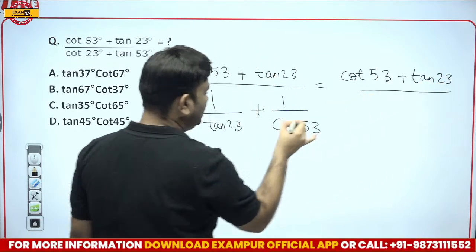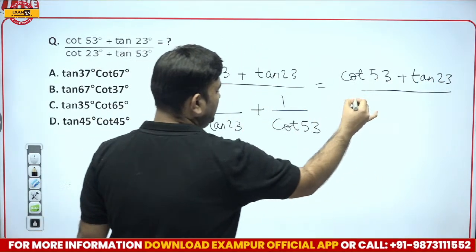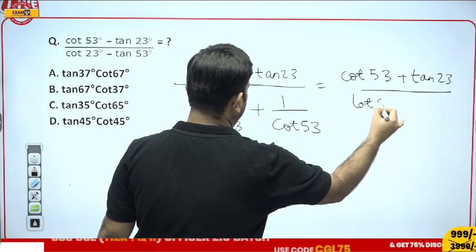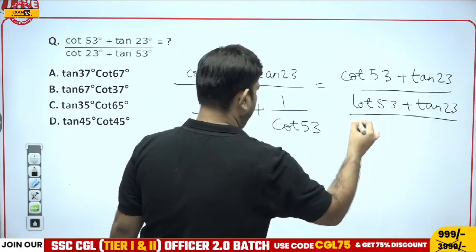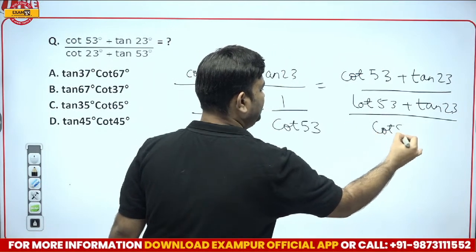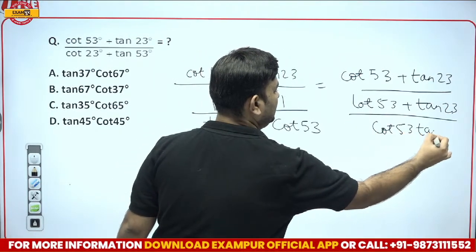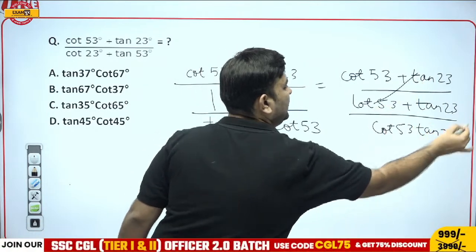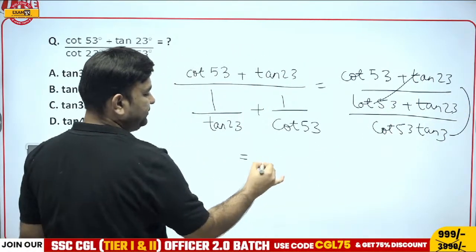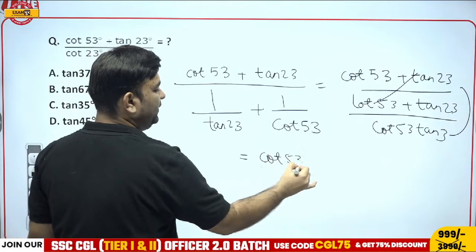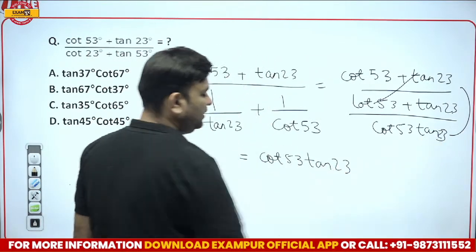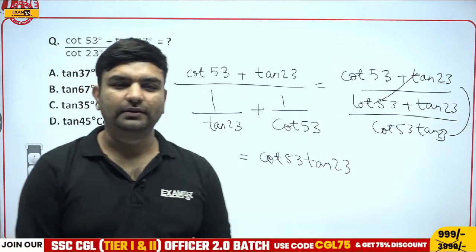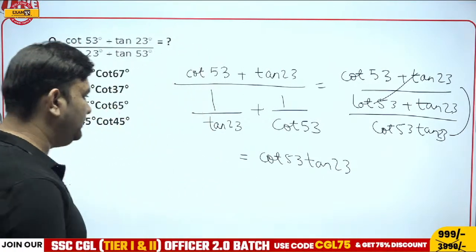The numerator got cancelled out, taking the LCM, cot 53 plus cot 23 upon cot 53 cot 23. And this becomes the ultimate answer.